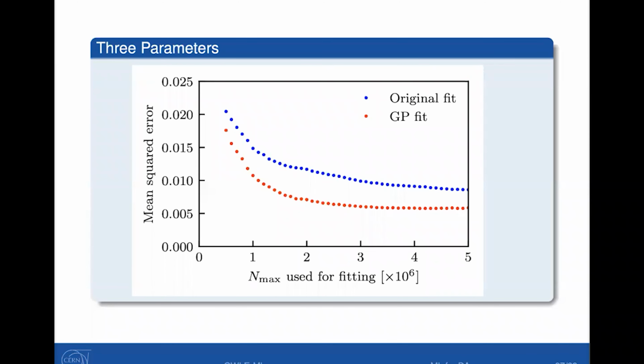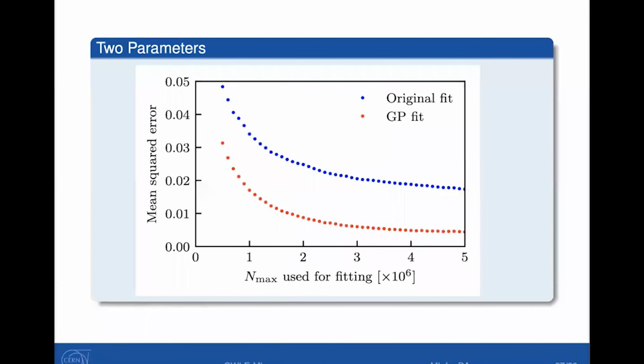For the 2-parameter fit, well, as before, there is more to gain. It was wider, remember? So there's more to gain, so the effect will be even bigger. The saturation happens a bit later. So I would argue probably going 2.5 to 3 million turns to get the value at 10 million turns.